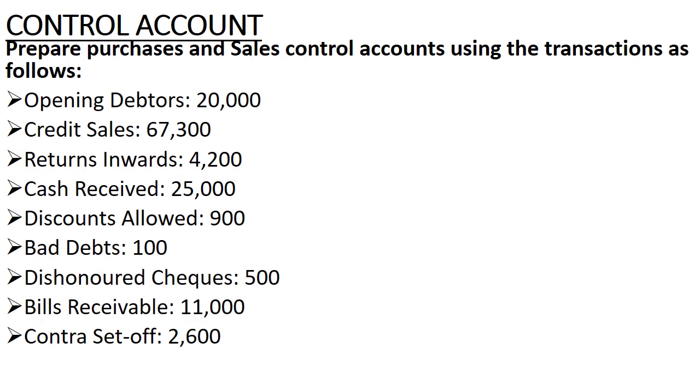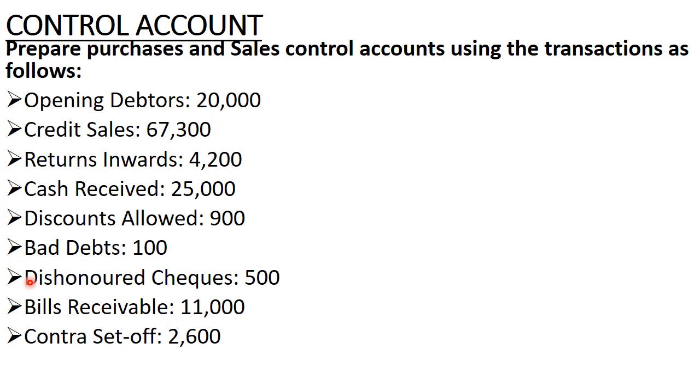So let's take a look at this example, which says prepare purchases and sales control accounts using the transactions as follows. So we have the opening debtors, credit sales, returns inwards, cash received, discounts allowed, and all this.